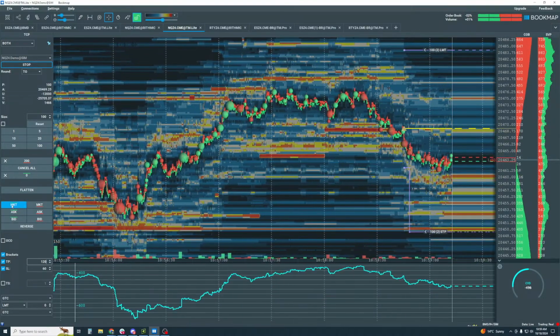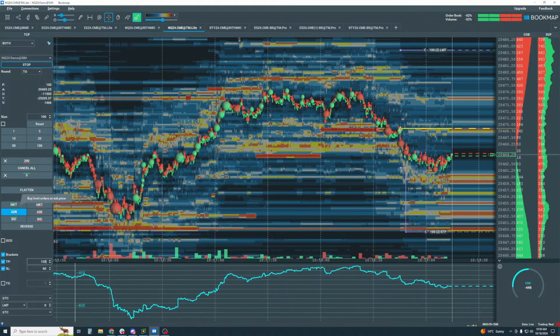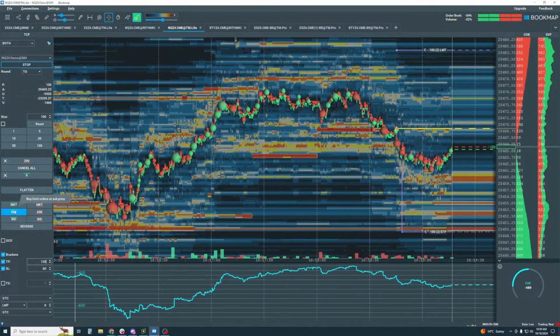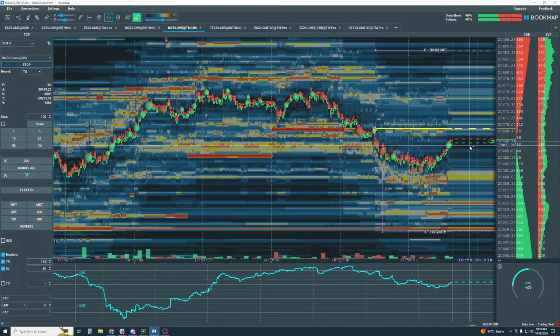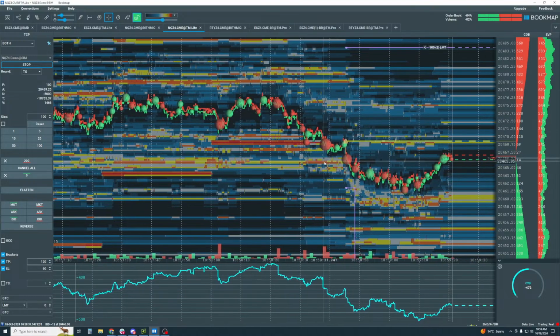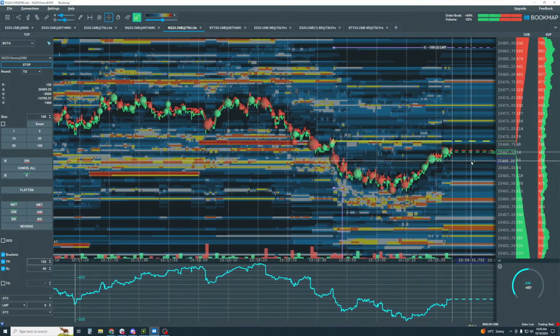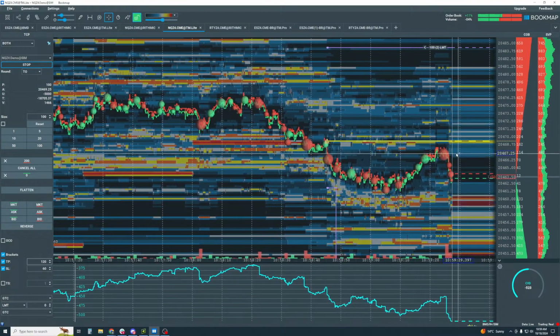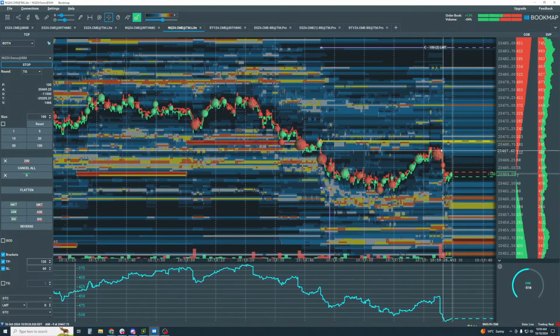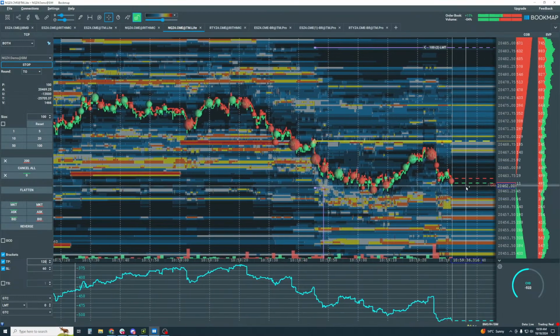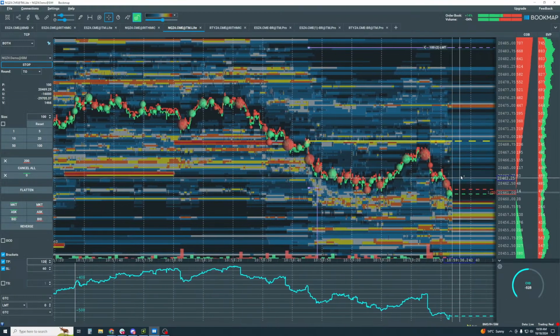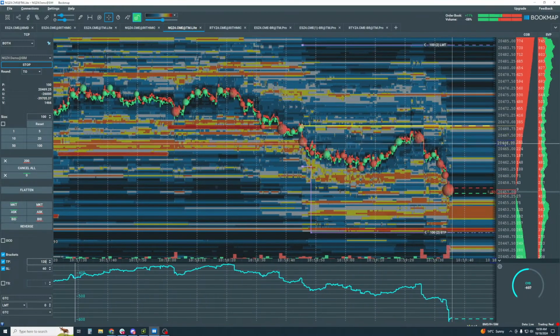Okay, so this is another tip here for your trading. Another thing, very similar, is you can just move or place an order in here very close to the current price action.